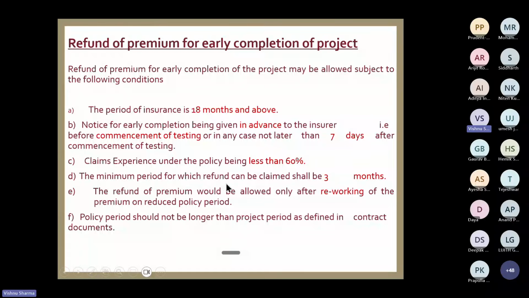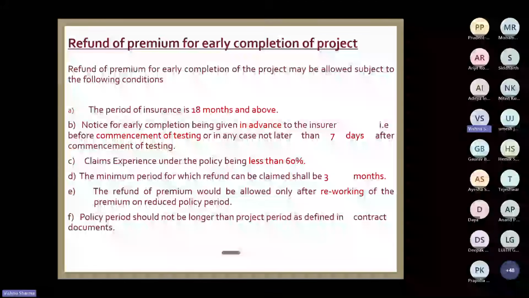Then minimum period for which the refund can be claimed is 3 months. Minimum period means you cannot claim for 2 months refund. If the project is completed just 1 month before the total policy period, no refund. 2 months, no refund. Minimum refund period should be 3 months.